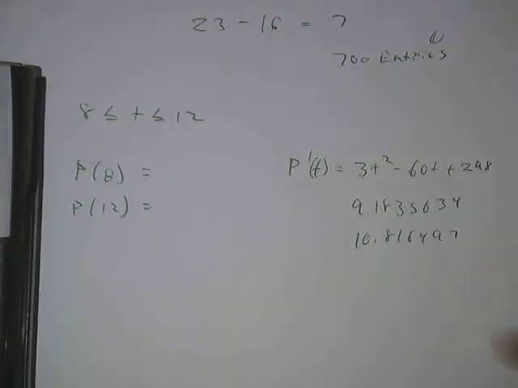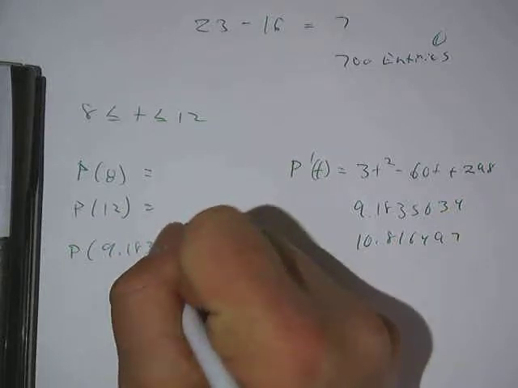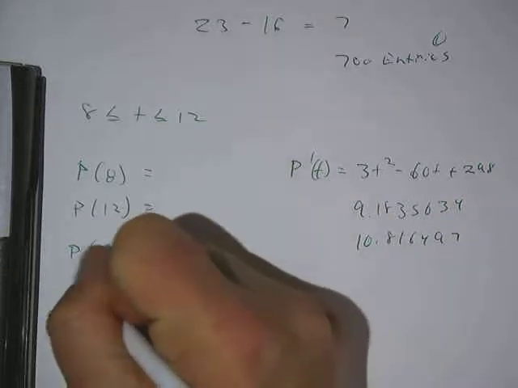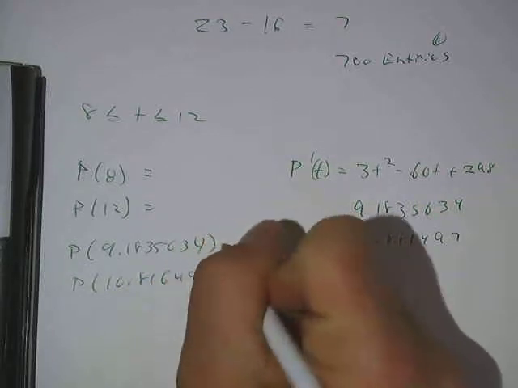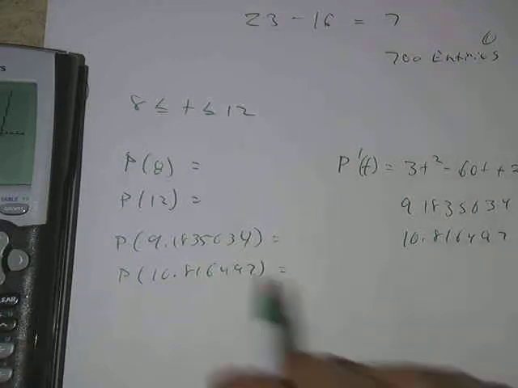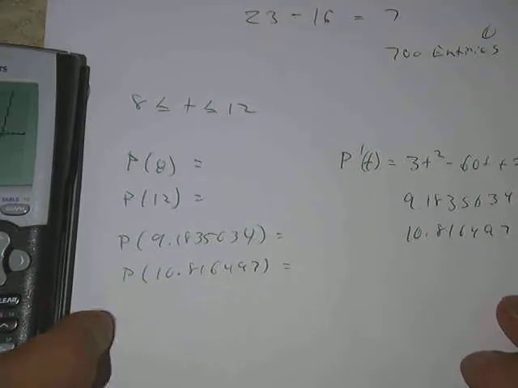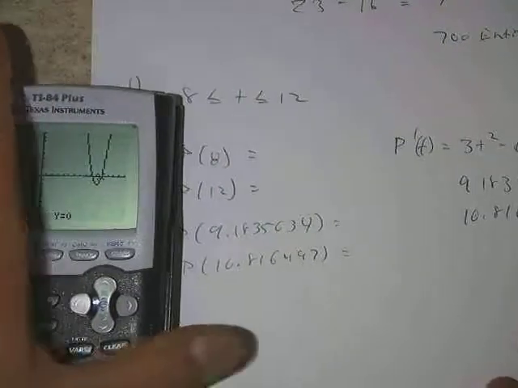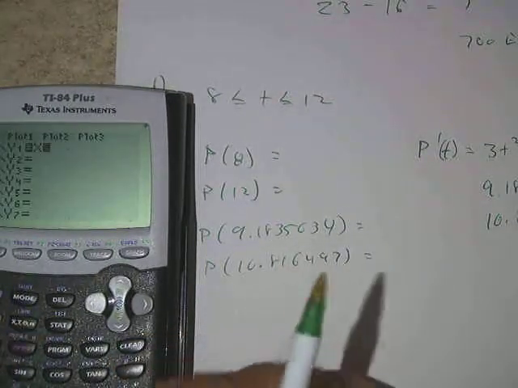If we use our zero command, we get 9.1835034. And the other one, using the zero command again, is 10.816497.